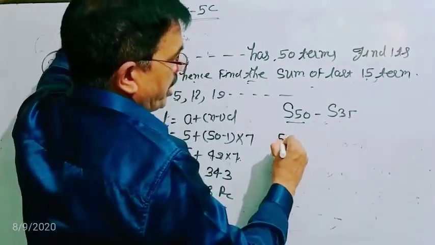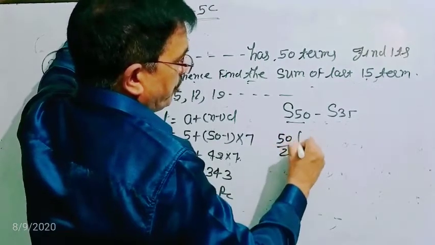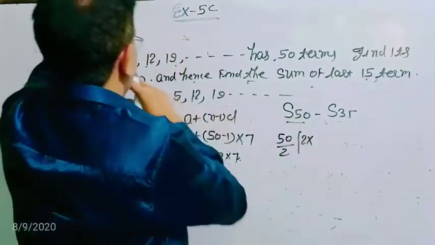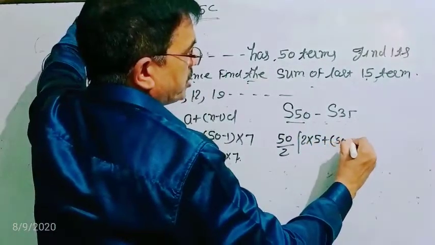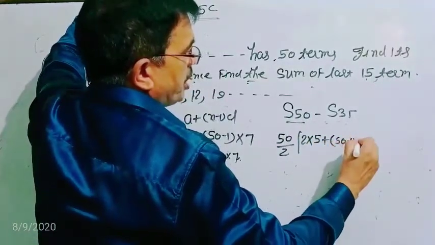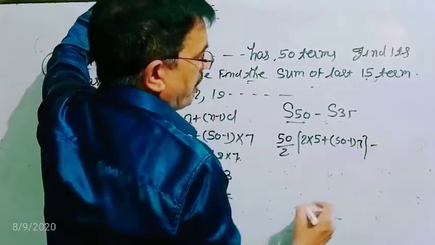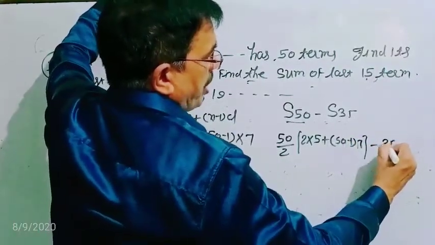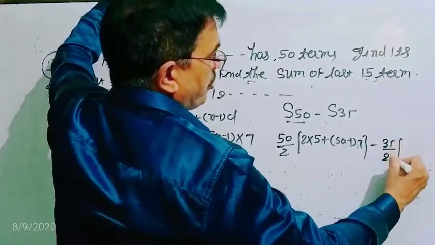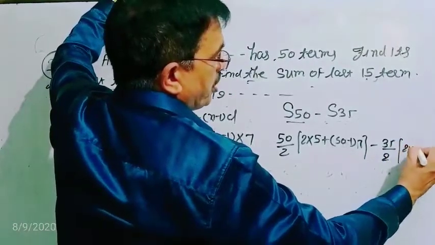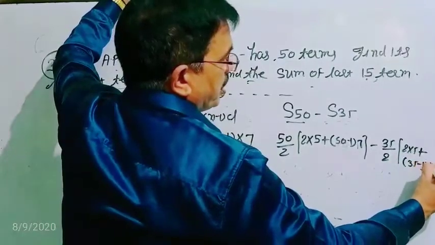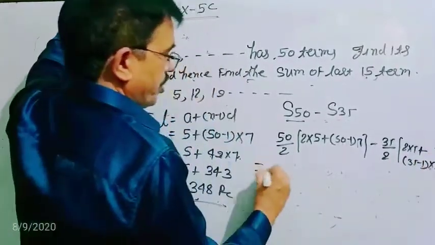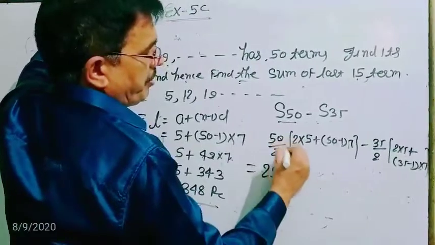So we solve it like n by 2, 2a is 10, plus (n minus 1) into d is 7, and minus 35 by 2, 2a plus (35 minus 1) into d. What do you get? You get 25.